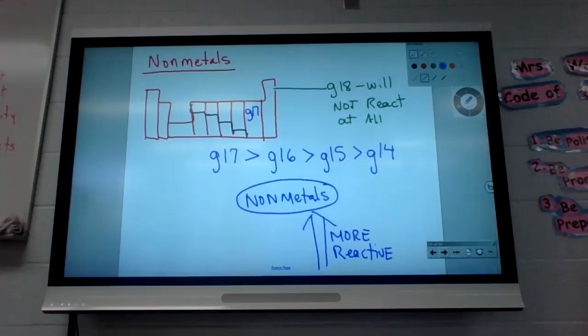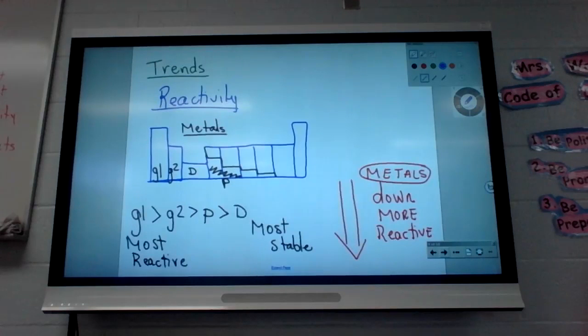Why is it francium, for those of you who didn't answer? What exactly are we looking for? Which group did we say was most reactive for metals? Group 1. And what happens as you go down the group? It gets more reactive.